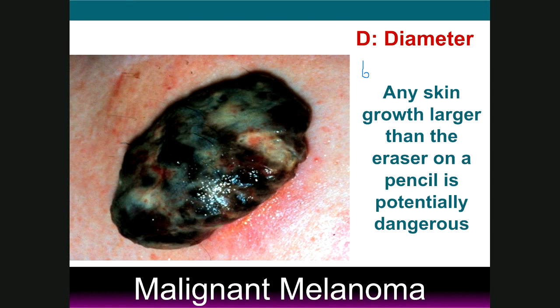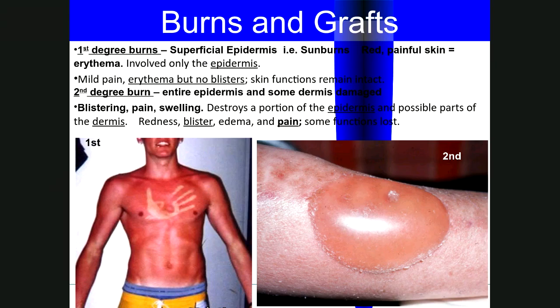So let's talk about burns and grafts. We categorize burns in degrees. A first degree burn is a superficial burn. This only goes through the epidermis, or that outer layer. An example of this would be a sunburn.